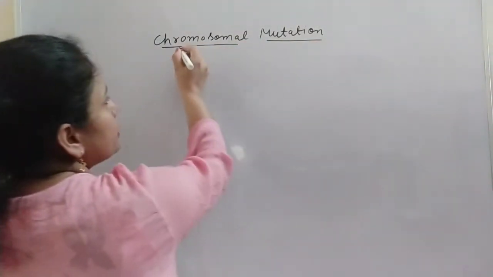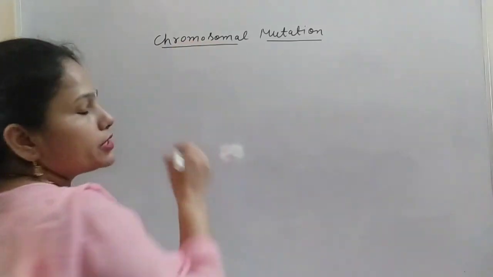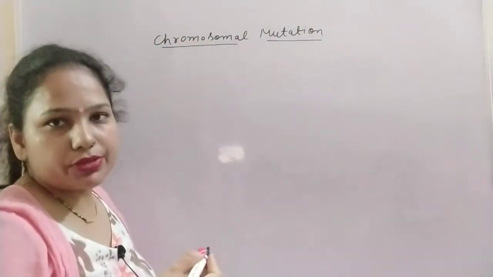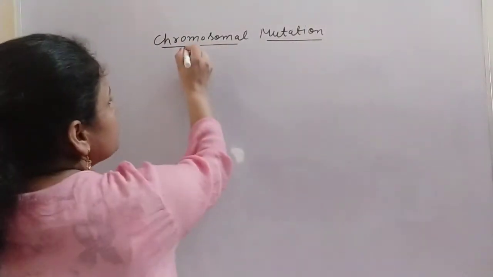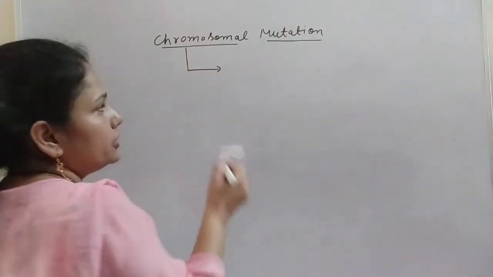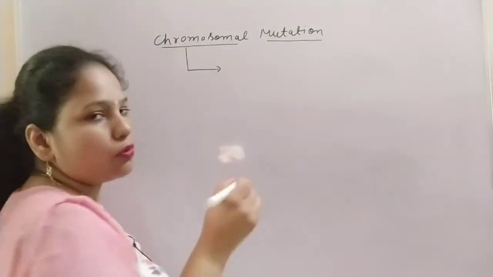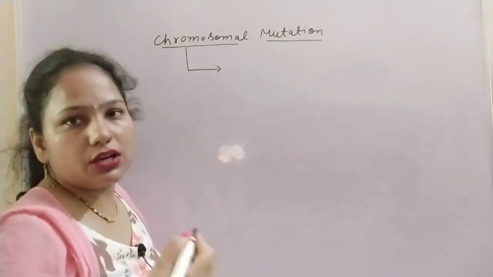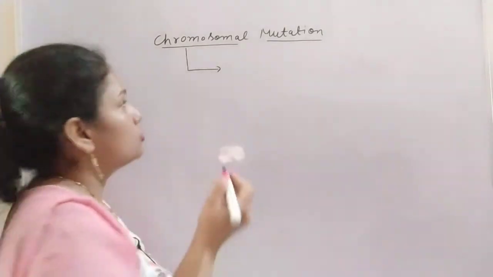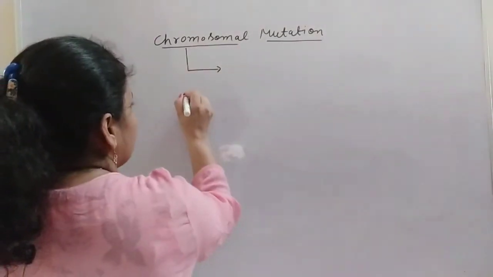And what is chromosome? Chromo means the colored and soma means the body. So if we stain the genetic material, the DNA, then the chromosome that is stained or colored, we can see the chromosome. So it is known as a chromosome.